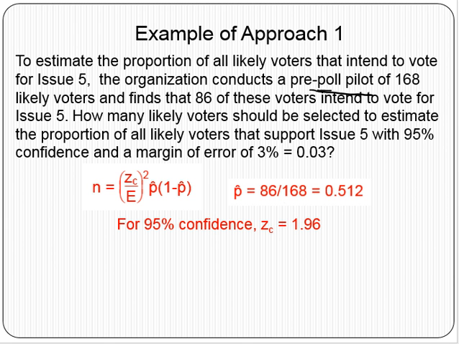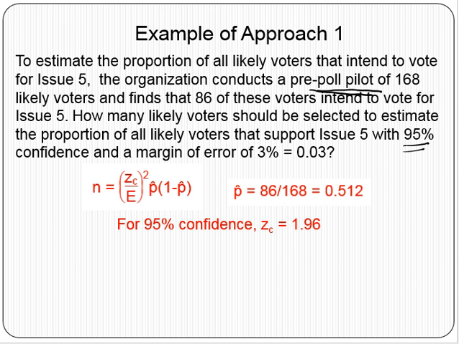So in other words, they're going to try to get a sense of how many individuals they're going to need in total. They said, let's get a small sample and get some sense of what's happening here. So how many voters will be needed to estimate the proportion of all likely voters that support issue 5 with 95% confidence?